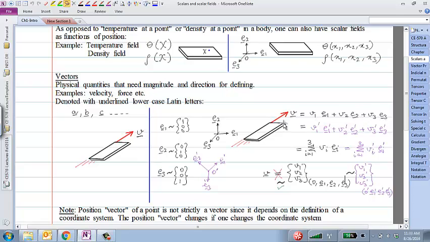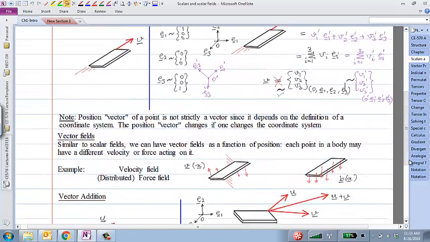And when you add them up, you, of course, get a vector. So that's why I can write it with an equal sign. Whereas I cannot write this vector to be equal to three numbers, right? So we have to be careful about that notation thing. The vector v can be represented with these three numbers, but it's not equal to these three numbers. So that's, I think, where we were last time.